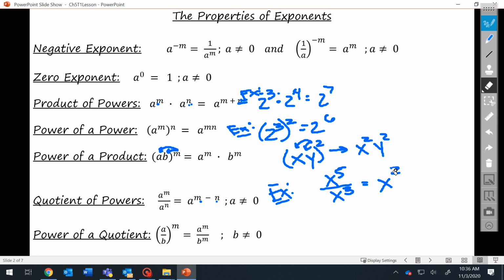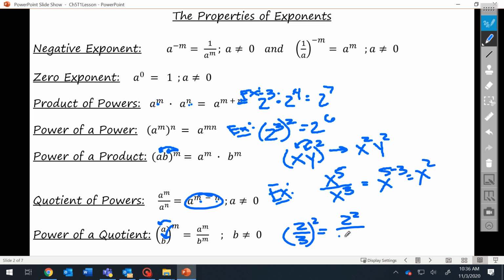In other words, it would be x to the 5 minus 3, like m minus n, 5 minus 3, which is x to the second. And then power of a quotient: if you have a quotient, the power can go to each numerator and denominator. So 2 over 3 squared can be 2 squared over 3 squared.